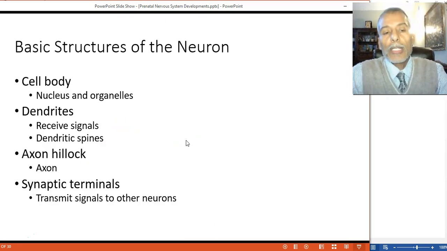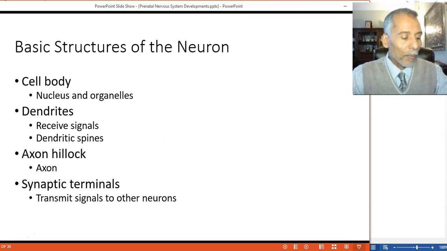Now let's look at the basic structure of the neuron. What makes neurons special is that they are able to communicate through signals by firing electrical signals or by using chemical or electric synaptic transmission.